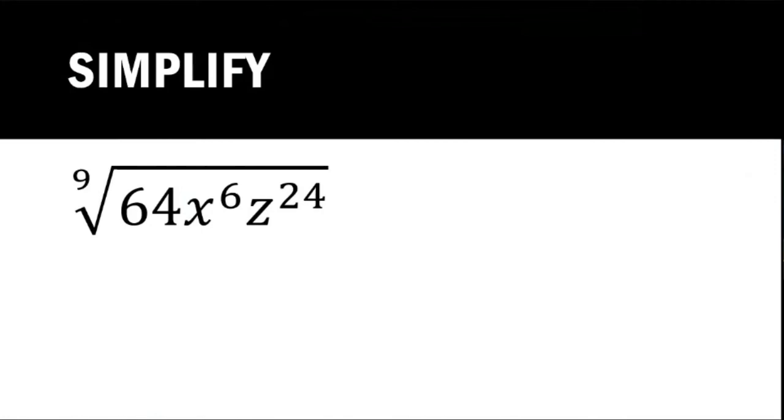So how about if you have the 9th root of 64x raised to 6, z raised to 24? 64 could be written as 2 raised to 6, so I will just substitute 2 raised to 6 for 64.